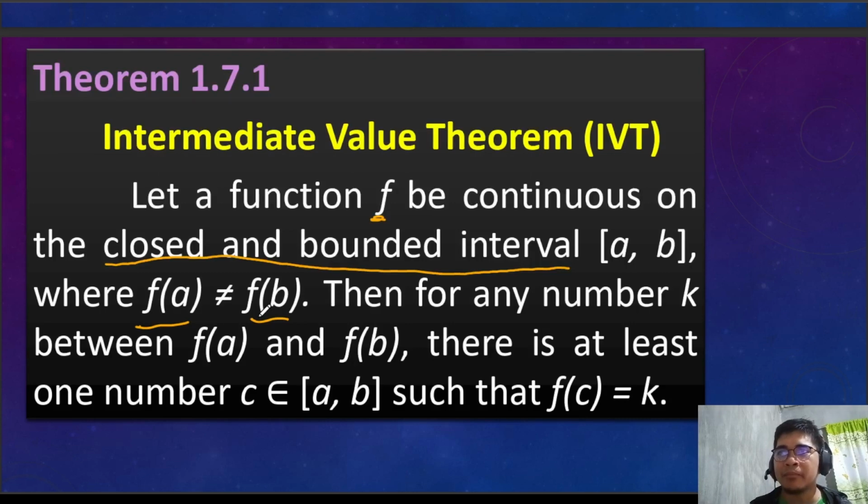Then for any number k that is in between f of a and f of b, not between a and b, but between f of a and f of b, there is at least one number c that is an element of the closed and bounded interval a b, such that f of c is equal to k.